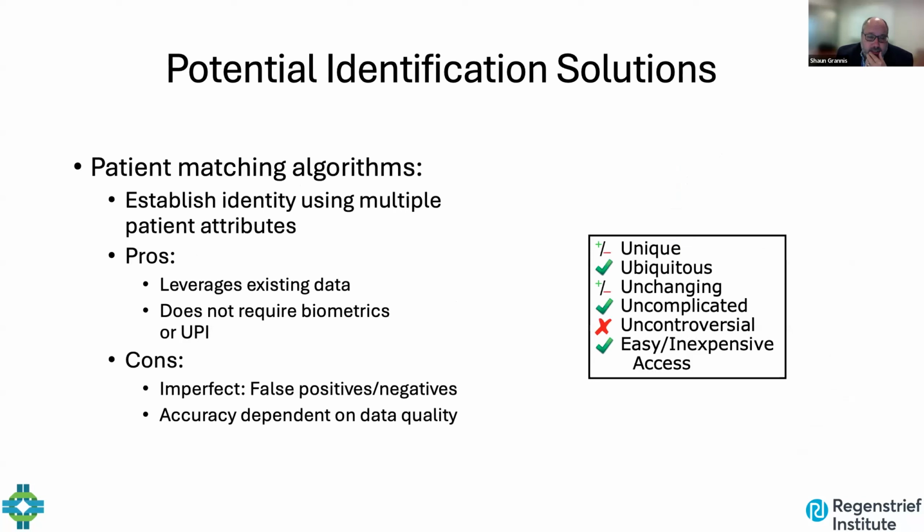With patient matching algorithms, you're using relatively readily available identifiers, but matching algorithms are also imperfect. There could be false positives and false negatives, and it's highly dependent on data quality. So those are some of the strategies, those are some of the matching approaches that you might see implemented in these various matching systems.